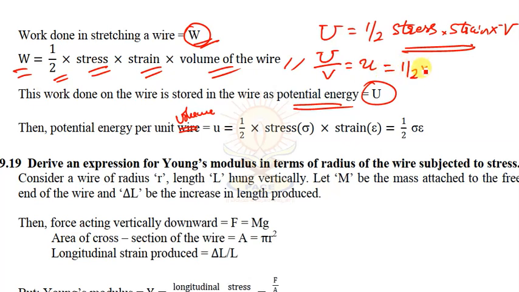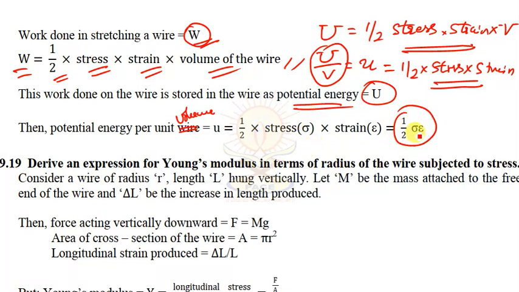This is half multiplied by stress multiplied by strain. That's all. So don't add V along with this equation. So half into stress into strain. So this is energy per unit volume. Otherwise you can simply say half sigma into epsilon, where sigma is stress and epsilon is strain. So half stress into strain is energy per unit volume in the wire.